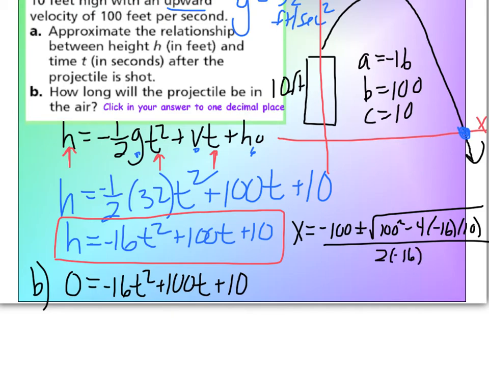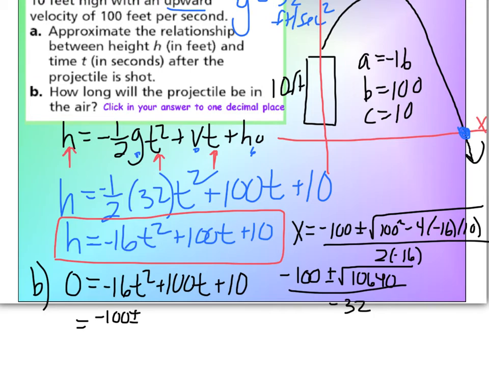And let's simplify. So simplifying, we're going to bring everything under the radical together and get 10,640. If we continue and take the square root of that, we will get negative 100 plus or minus 103.15 all over negative 32.